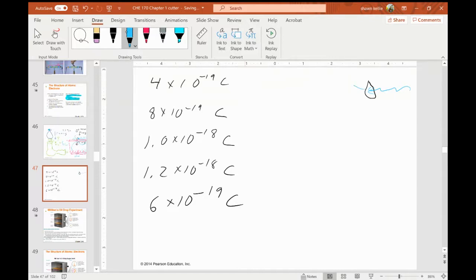How many electrons were being moved around? And he said, okay, these different charges aren't the result of bad measurement. These different charges are the result of different numbers of electrons being moved around. In other words, I've knocked a different number of electrons onto each of my oil drops.